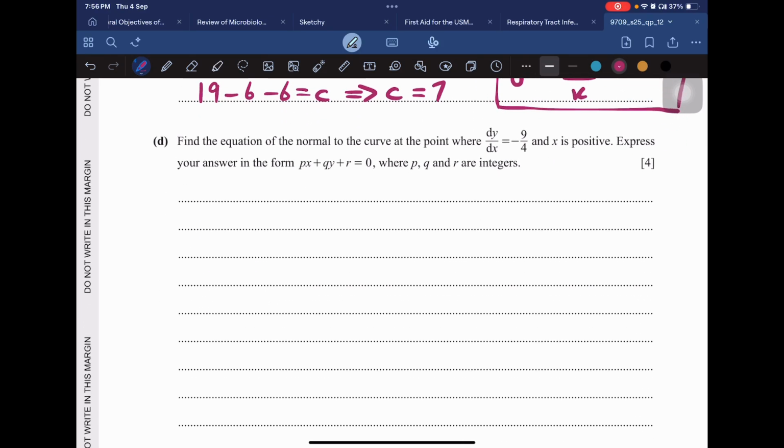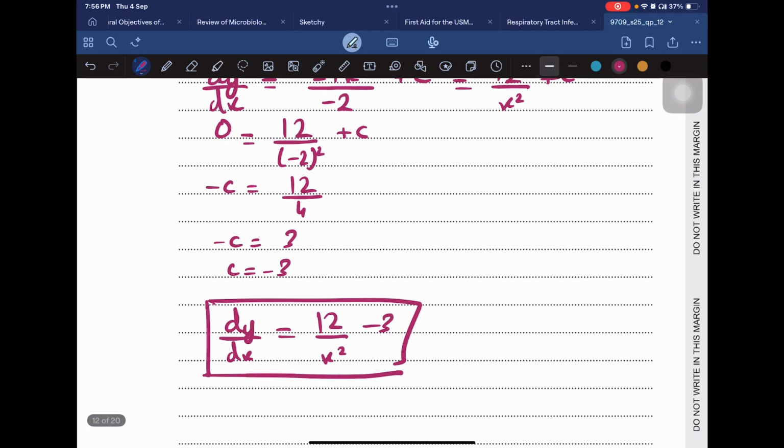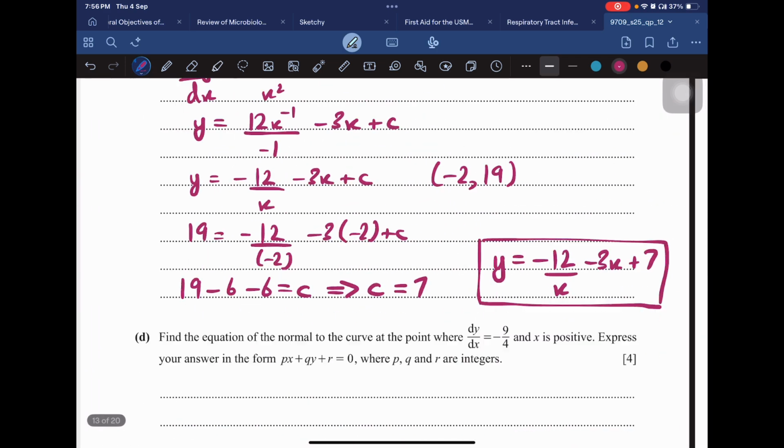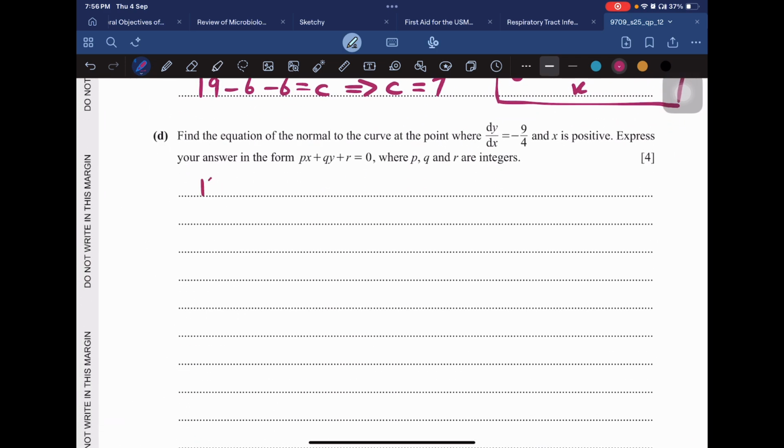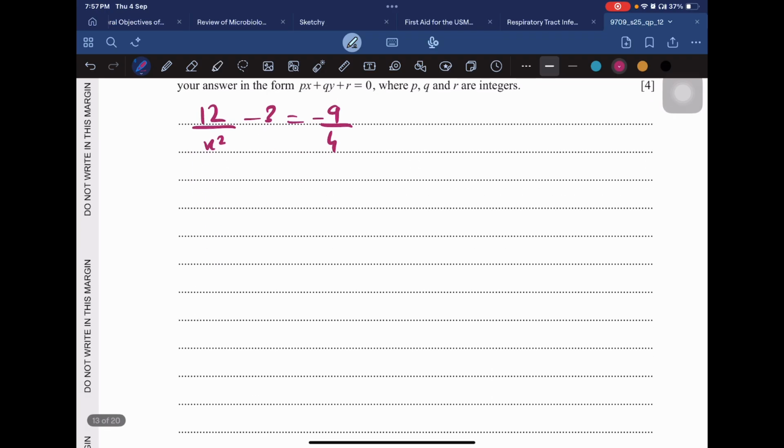Okay, so part D is: find the equation of the normal to the curve at the point where dy over dx is equal to negative 9 upon 4 and x is positive. Express your answer in this form. Alright. So dy over dx we got as 12 upon x squared minus 3. So 12 upon x squared minus 3 equals minus 9 upon 4.